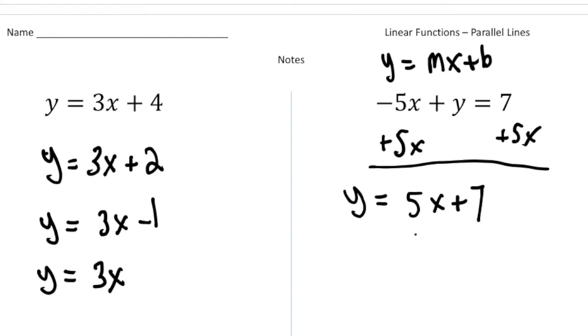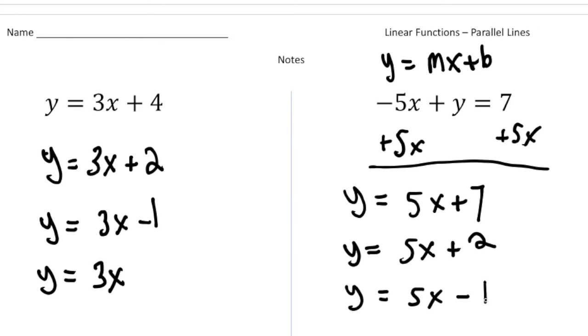Now that I see the slope is 5, if I want to write another equation that's parallel to this, I would simply change the y-intercept. So it's going to be y equals 5x, how about plus 2? Or say y equals 5x minus 10. Again, as long as it has the same slope, the two lines are going to be parallel.